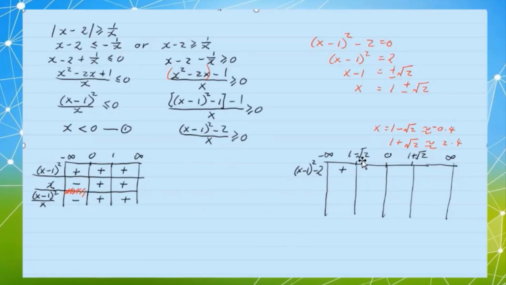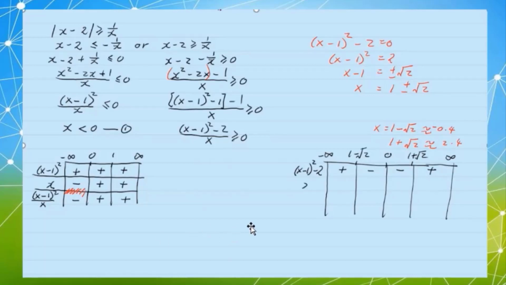And when x is from 1 minus square root of 2 up to 0, we found that this is a negative value. Same as 0 up to 1 plus square root of 2, it is negative. But when x is greater than 1 plus square root of 2, it is positive.